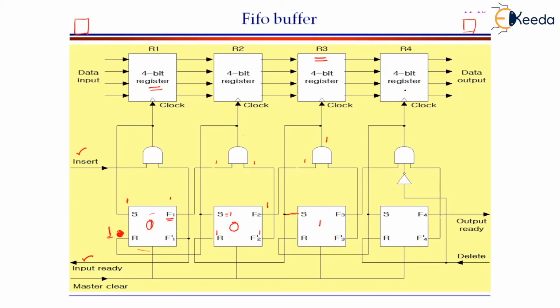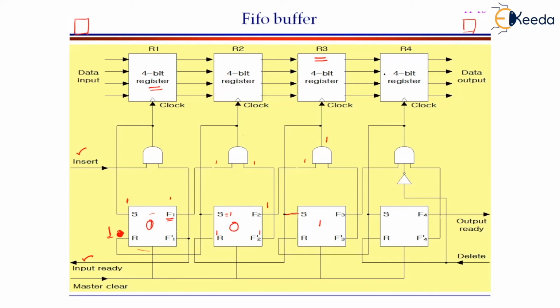As this register doesn't hold any data, F4 complement will be equal to 1, and both collectively are going to trigger this AND gate. There is another input for this AND gate. We'll discuss that in a short while. As the AND gate is triggered, this clock will get triggered and the fourth register is going to accept the data from the third register.